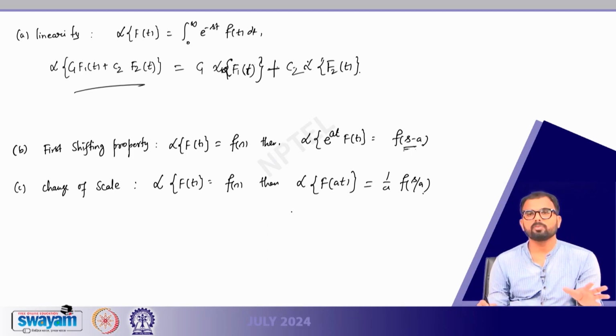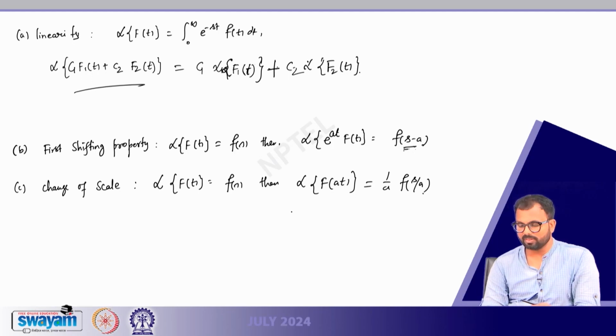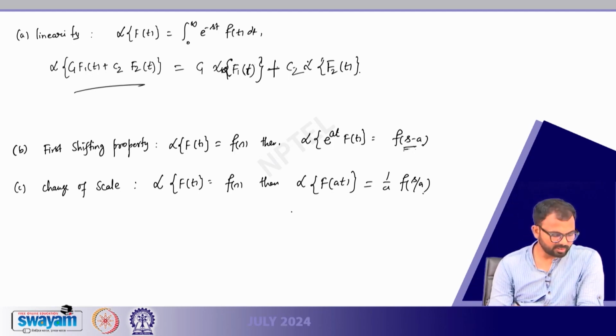I am not doing the proofs of any of these results because they are very obvious. You can just do a simple integral and prove this. There is really no trick going on here.